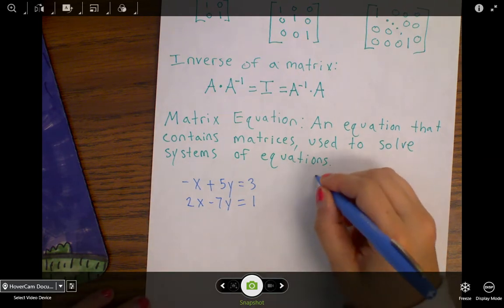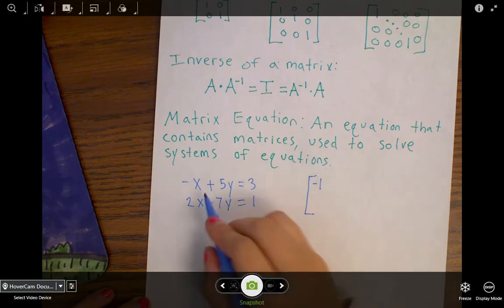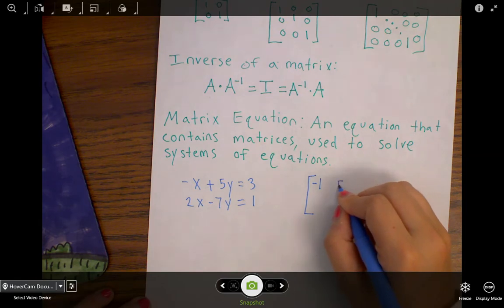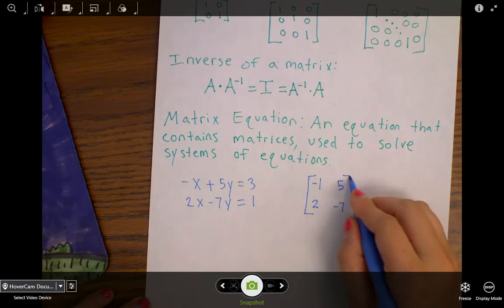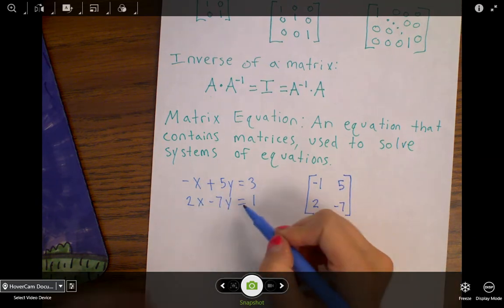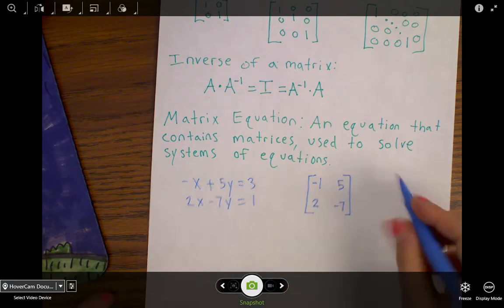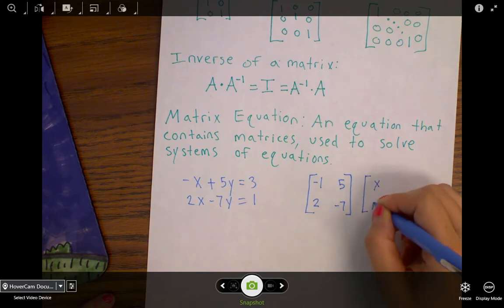First, we would start with our coefficient matrix. That's going to be -1 because that's the coefficient of my x. Going across, we have 5, then 2, -7. It is important to make sure that all of our variables are lined up. If they're not, you can do a little bit of rearranging and add or subtract anything that we need to. Next, we're going to have our variable matrix.